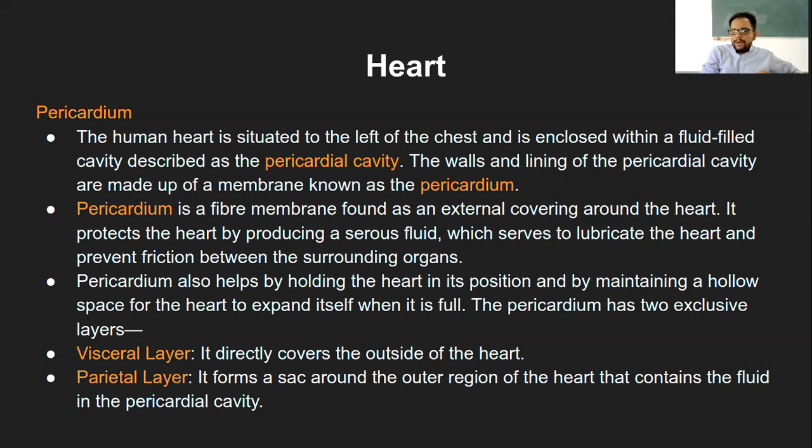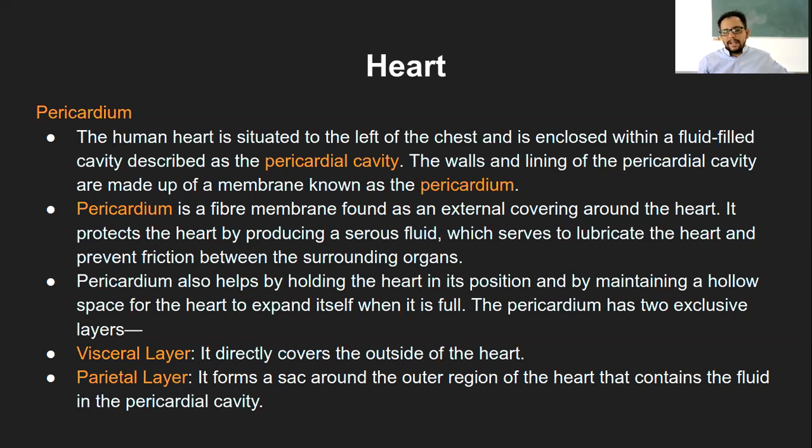So there are two layers present in the pericardium, what is known as the visceral layer and the parietal layer. The visceral layer directly covers the outside of the heart, right? That is, it is present in close vicinity to the heart. If you go from the inner side of the heart towards the outer side, towards the pericardium, the first layer that you get is the visceral layer.